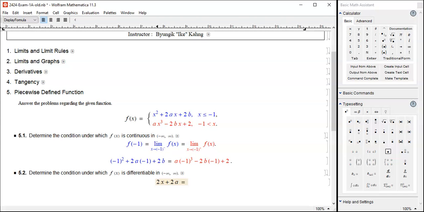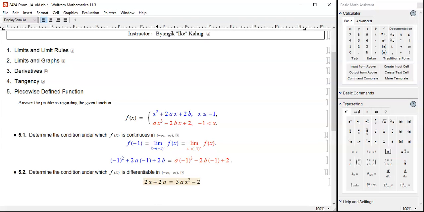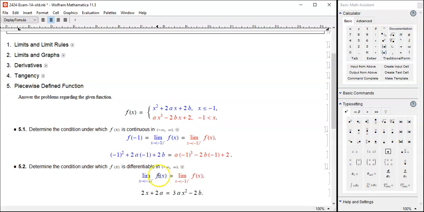And the right-hand side, 3a x squared minus 2b, these two have to be the same. So left-hand side derivative and the right-hand side derivative are the same.